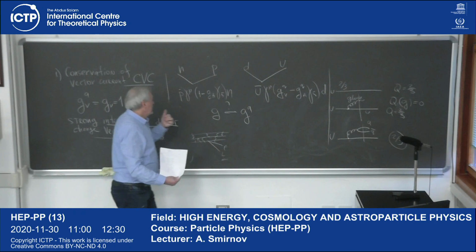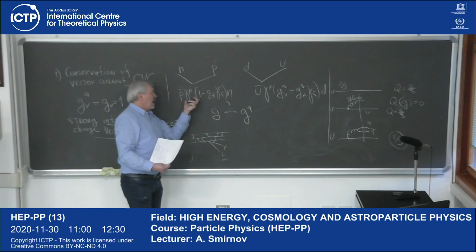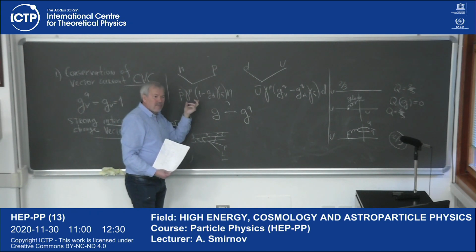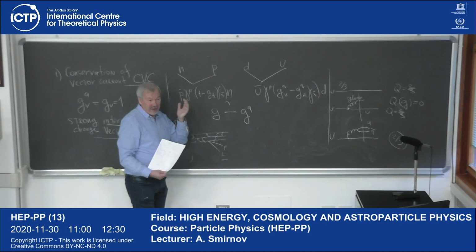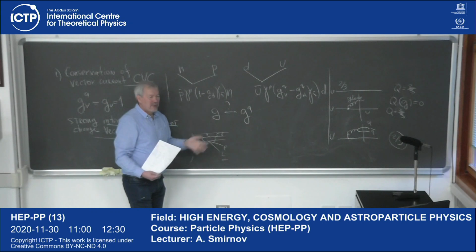That was the hypothesis that probably the vector current which enters here has similar properties as the electromagnetic current. Both are vector currents. And so that was a hypothesis, which then was confirmed. And actually, these charged currents and electromagnetic currents form a kind of triplet of currents.